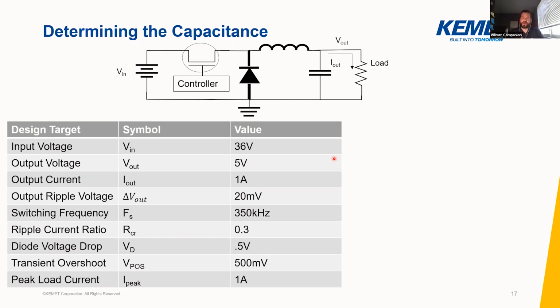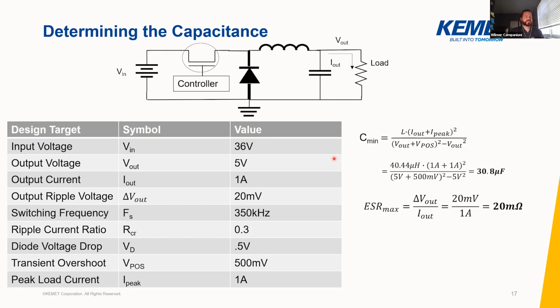Those very same operating parameters are what should determine your capacitance value. And when you plug those operating conditions into the formulas that determine your minimum output capacitance and your maximum output ESR, for this particular example, we end up at a conclusion that we need 30.8 microfarads with a maximum ESR of 20 milliohms.